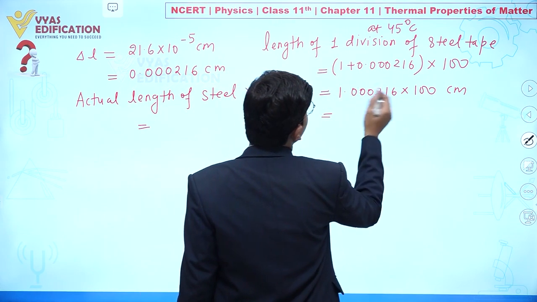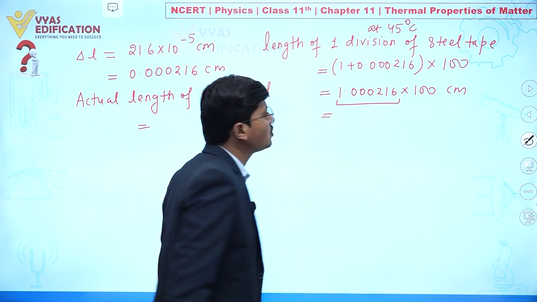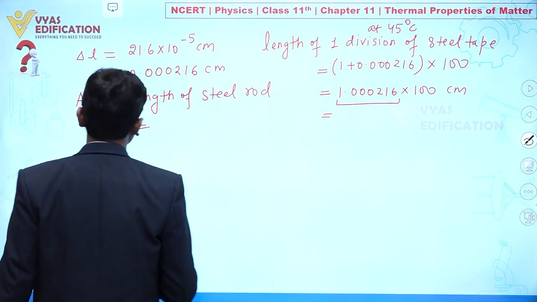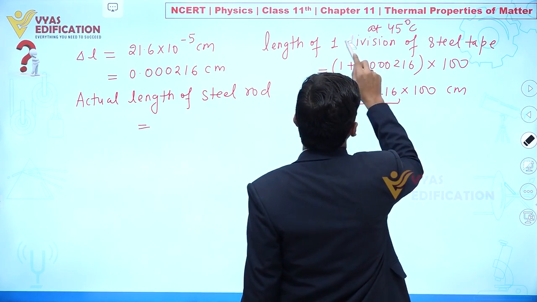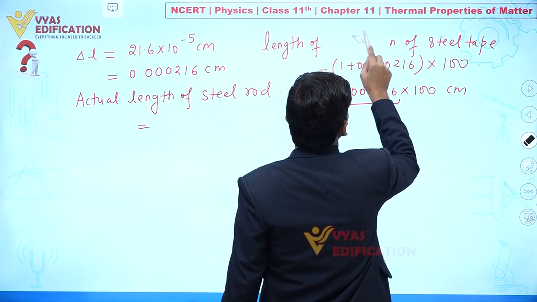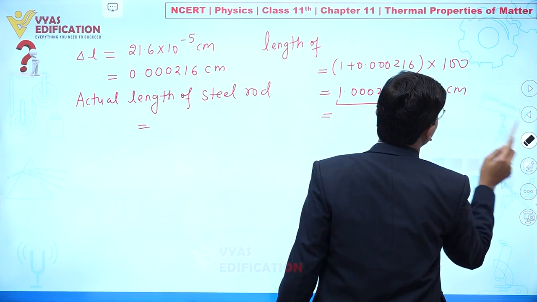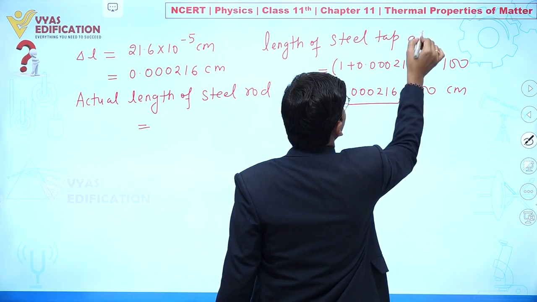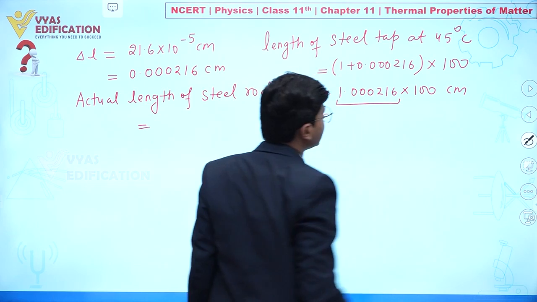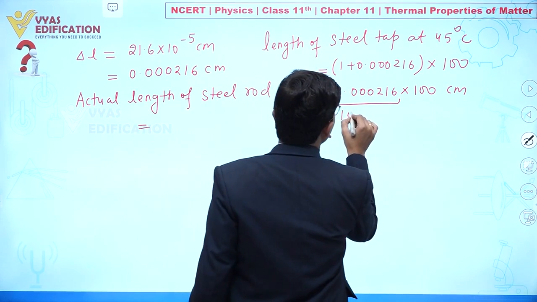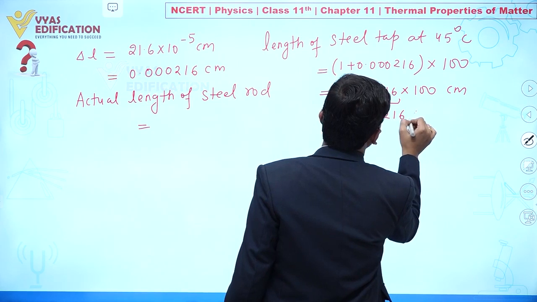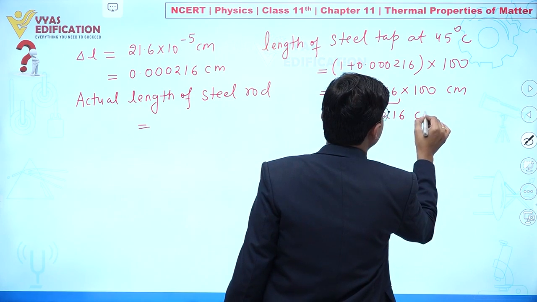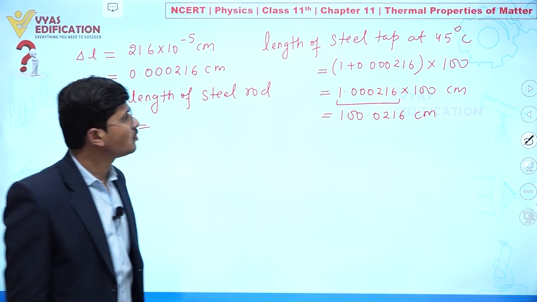So length of one division of steel tape is 1.000216, and if we find length of steel tape at 45 degrees Celsius, it should be 100.0216 centimeter.